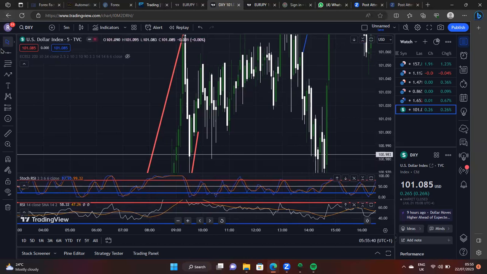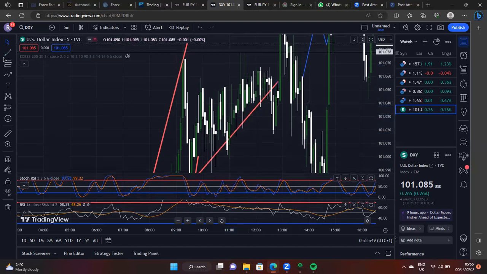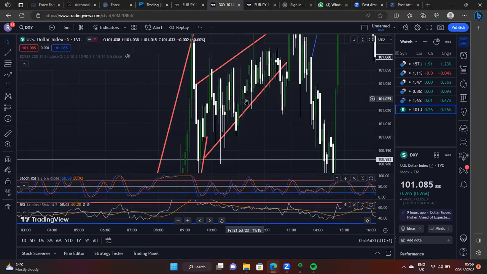Let me show you this. It's looking more like an uptrend, but it's a typical ranging in view. The reason is because you trade in minutes, they trade in hours.